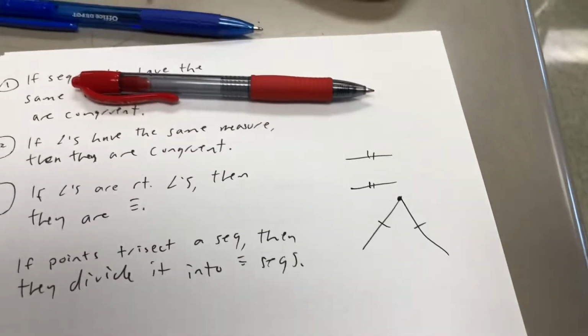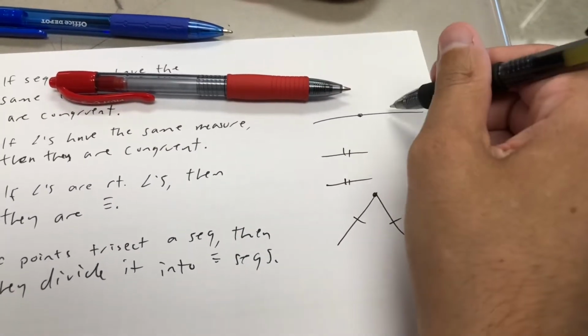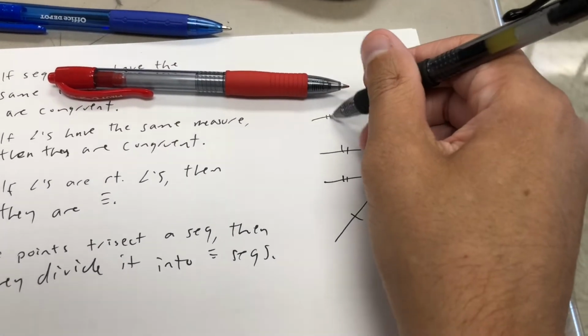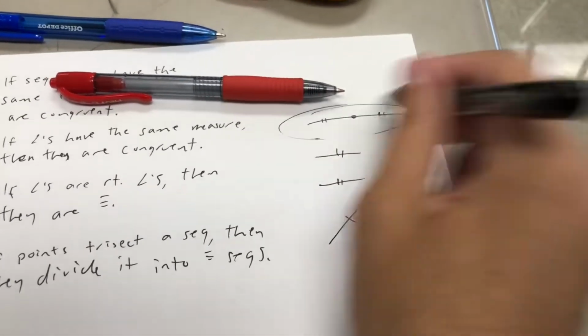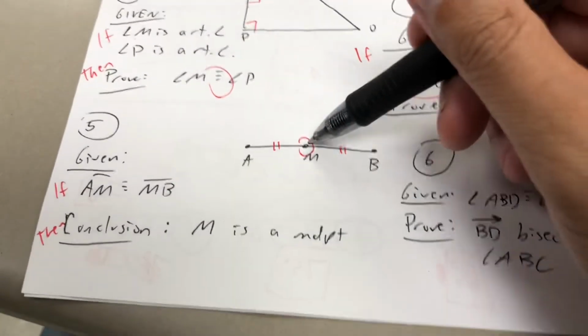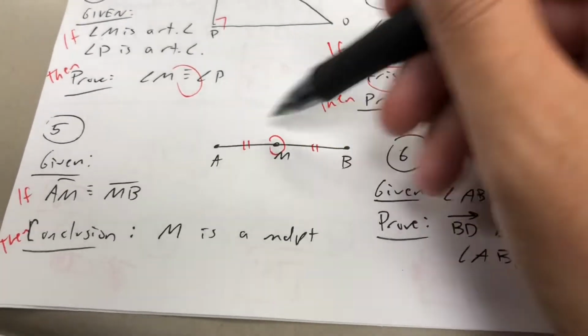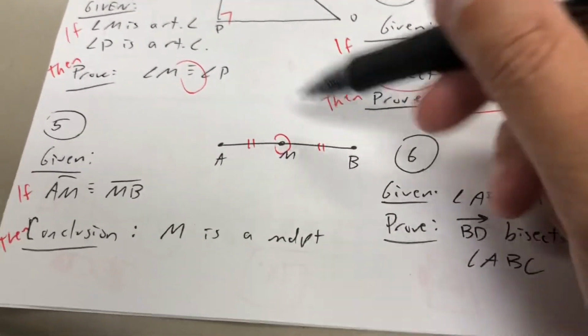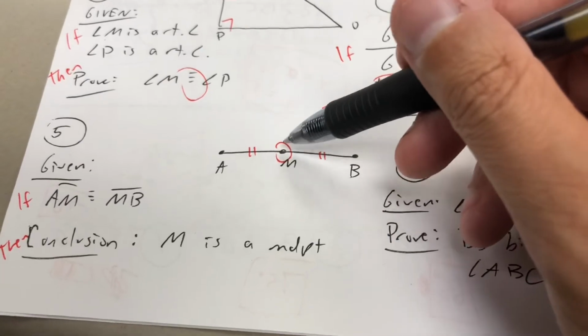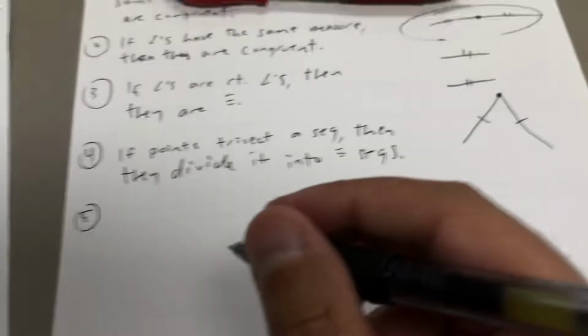A midpoint has to be on the same line segment. You've got to have two equal parts on either side of that point on the same line segment. So the wording I like to use for this is saying something about the point itself dividing a segment. You got to have a big segment for the whole thing to be able to have a midpoint. So talking about a point dividing a segment into congruent segments.